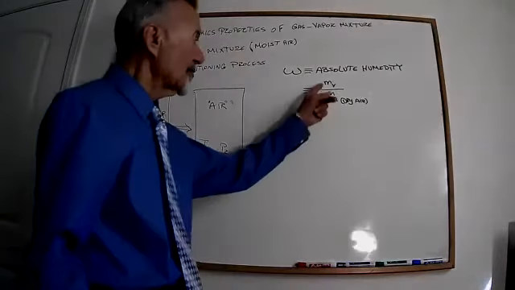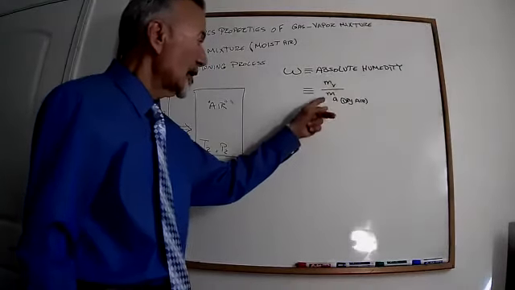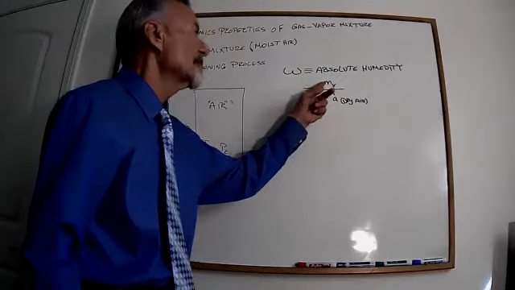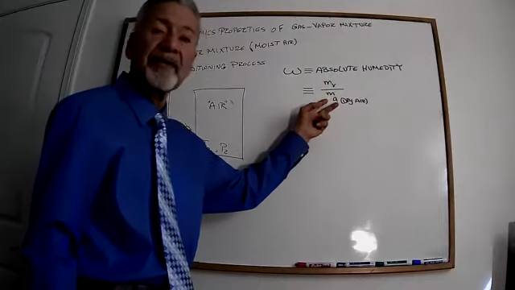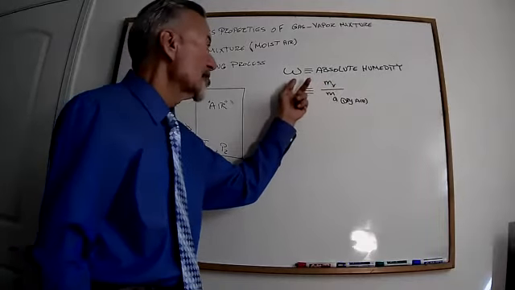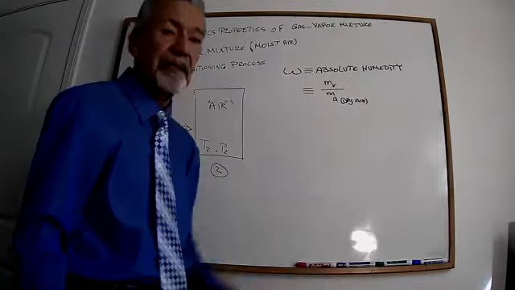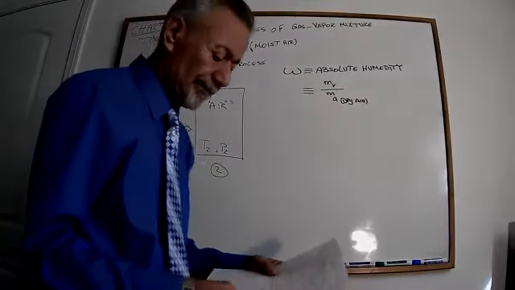So the ratio of the mass of vapor to the mass of the dry air is called absolute humidity.